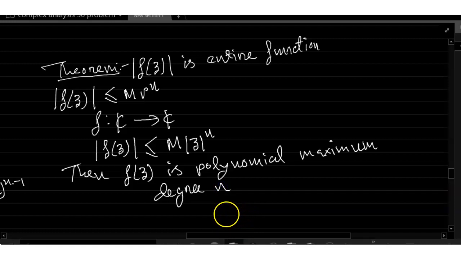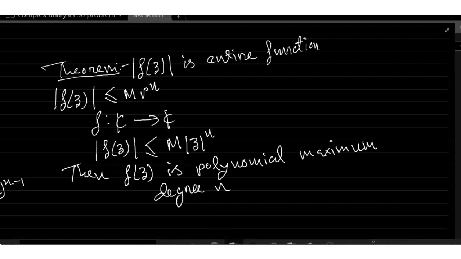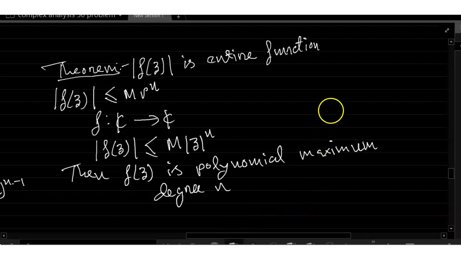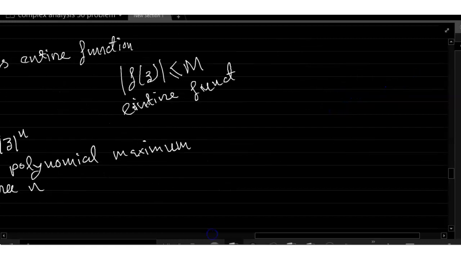And for number 3, mod of f(z) less than or equal to M, an entire function is bounded, and bounded implies it is constant.